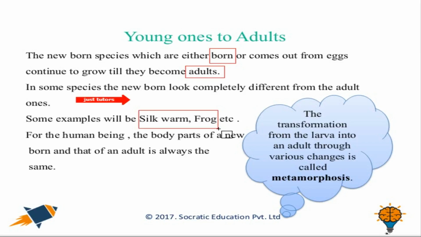In silkworm we have various stages, as well as in frog, and the transformation from the larva into an adult through the various changes is called metamorphosis.